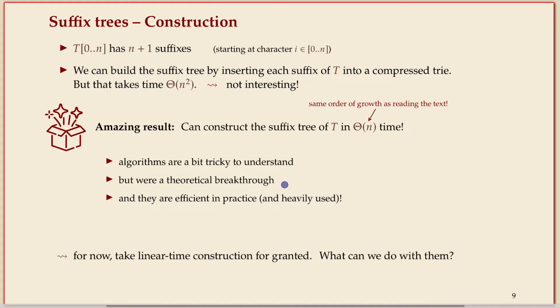And this was the part that was not clear if it's possible. Because this construction, taking all the suffixes and building a trie on that, is straightforward enough for researchers to come up with before the time. But whether you can build it quickly, that was the part that wasn't clear. And so that's the big box to look out for. For the moment, we'll just take that for granted and see what we can do with it. But we'll come back to it.